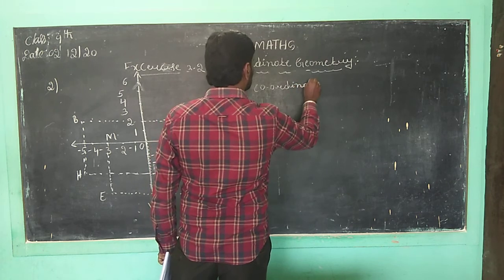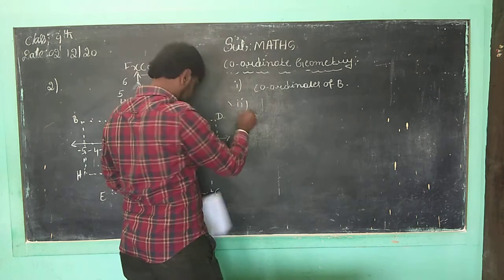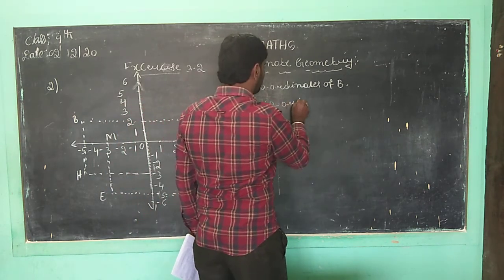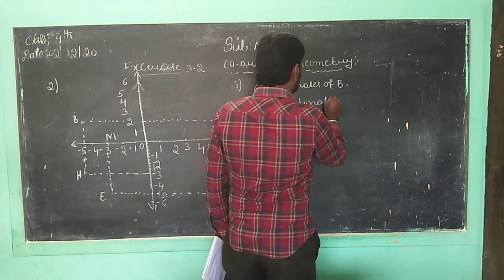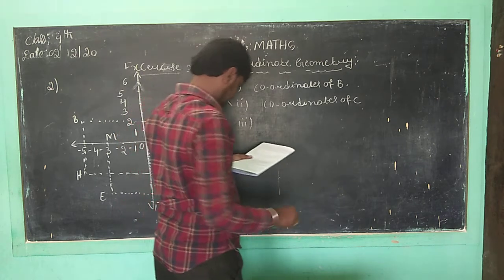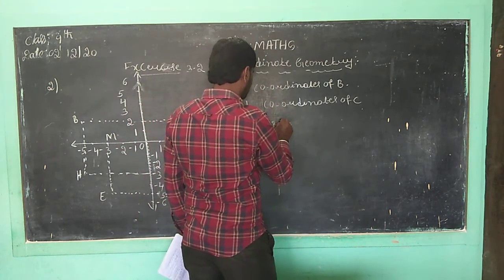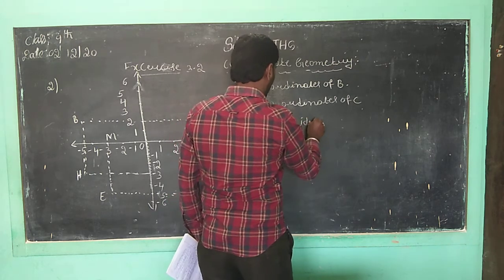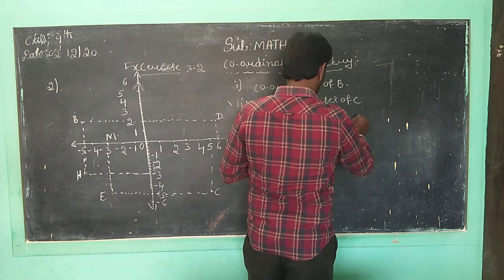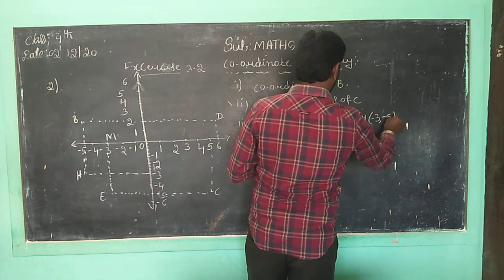Coordinates of B. Second one is coordinates of C. Third one is the point identified by -3, -5.